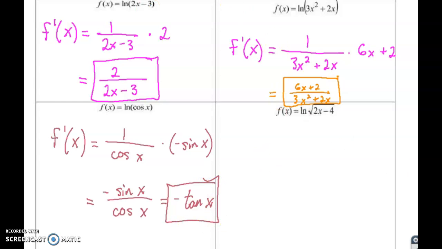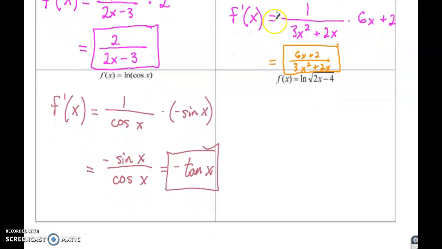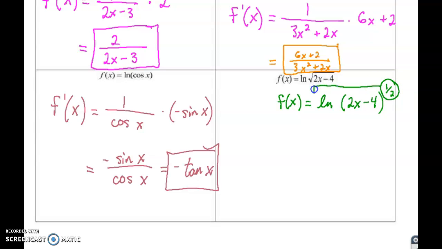Okay, so the next one. There's a fast way to do these natural log problems, and this is why we force you to learn natural logs in pre-calculus. Don't forget, I'm just doing the function again, I'm re-examining this, that this is 2x minus 4 to the 1/2 power. Please don't forget, a rule for a law of logs is you can move that power in front, and it is exactly the same value.